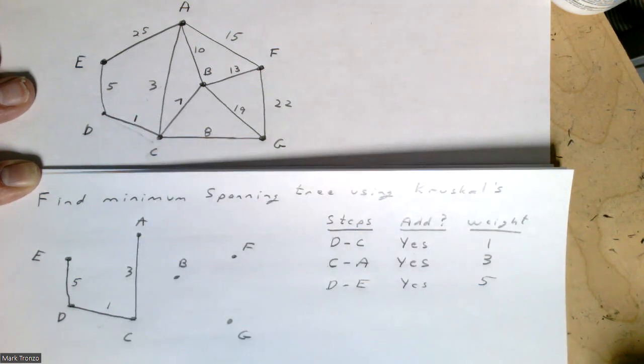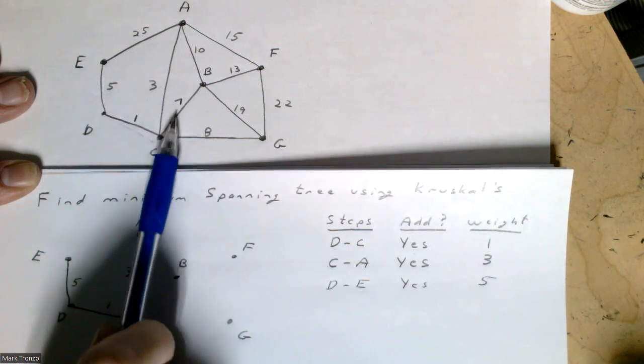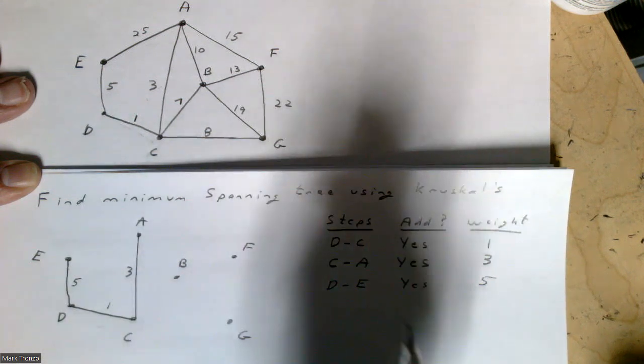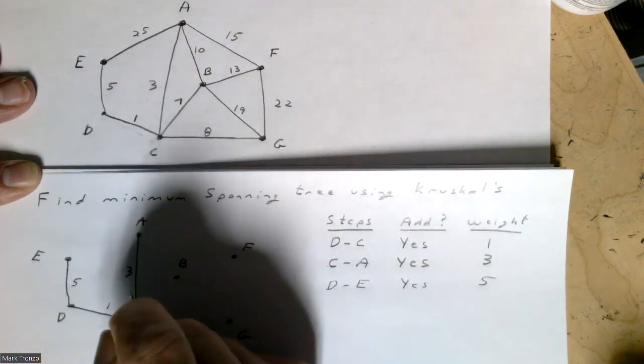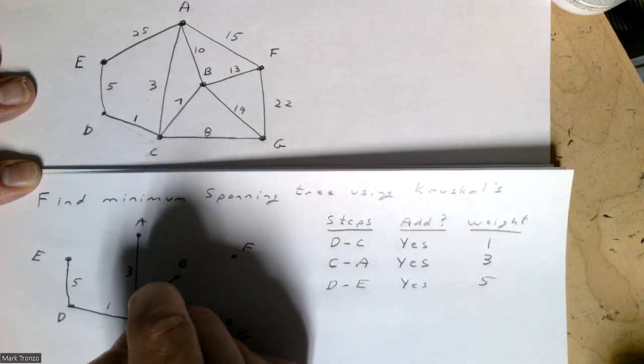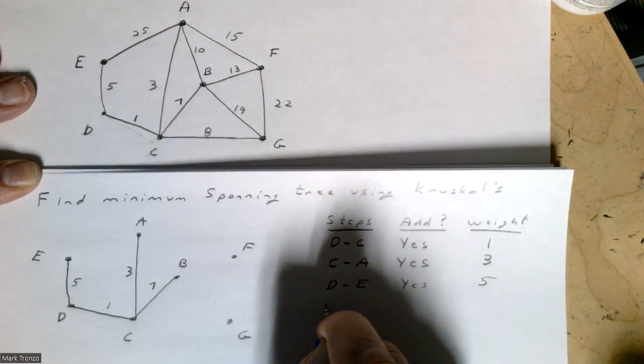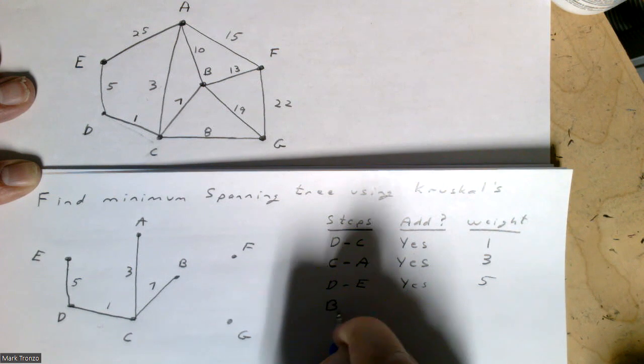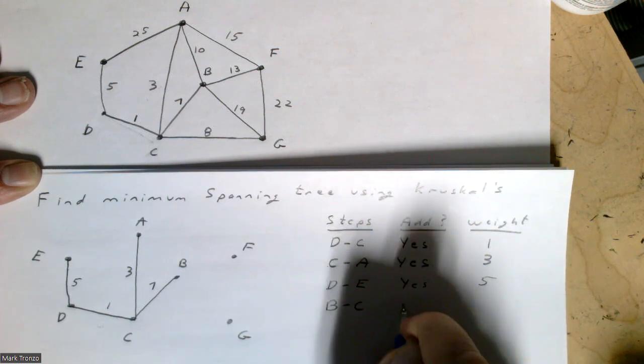Next, let's see, what's the next biggest one? It looks like the 7 is the next one, and that's over here. Again, none of these have caused a circuit, so that's why we keep adding on. I'm going to call that BC or CB.